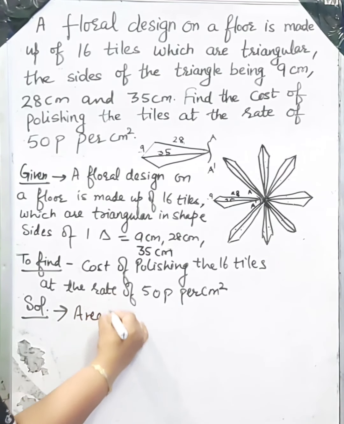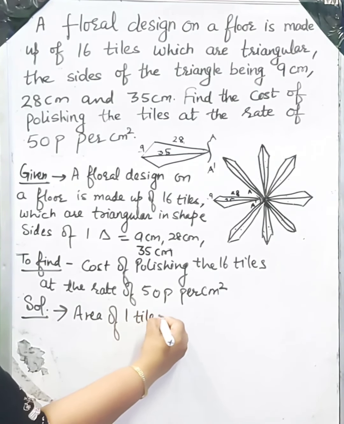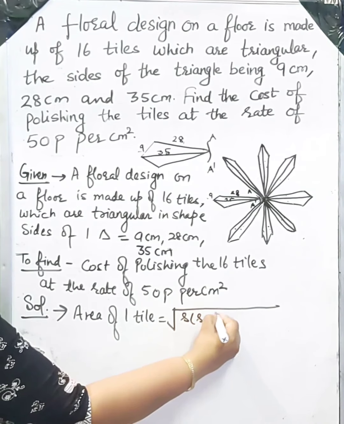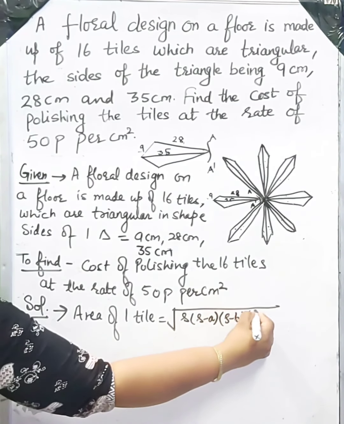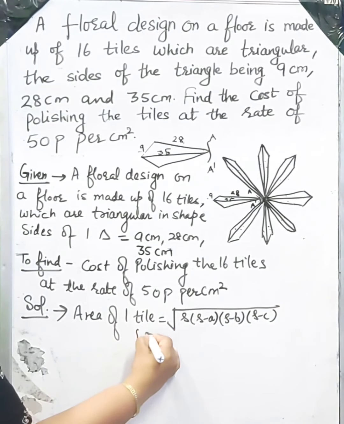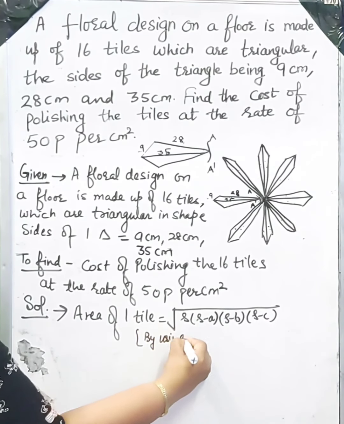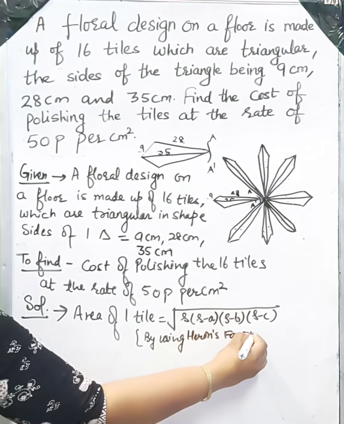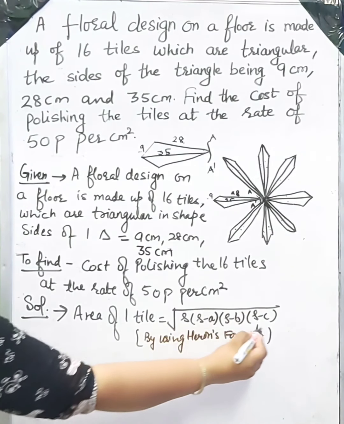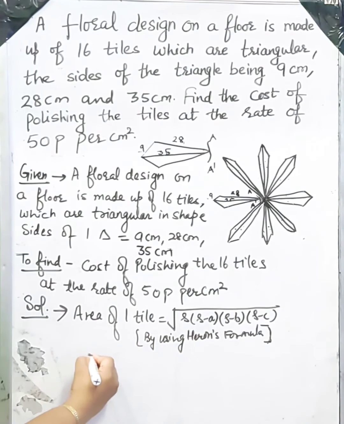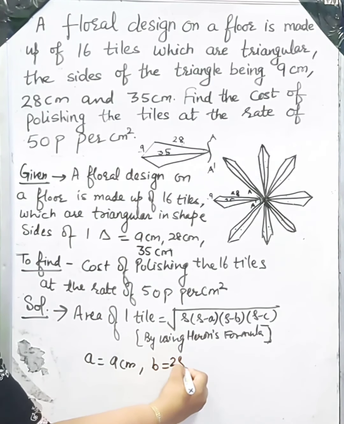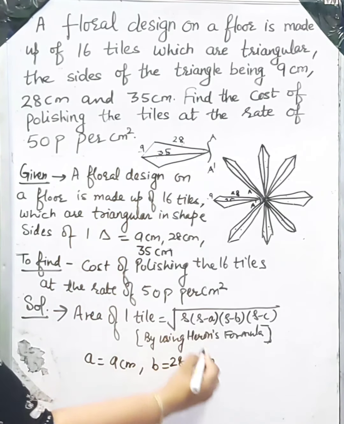Area of one tile equal to under root s, s minus a, s minus b, s minus c by using Heron's formula. Here a equal to 9 centimeter, b equal to 28 centimeter and c equal to 35 centimeter.